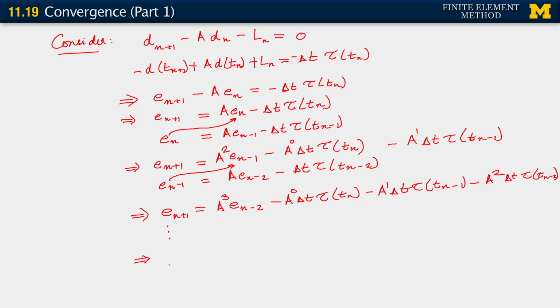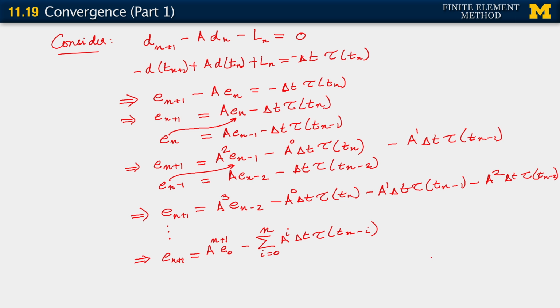When you go all the way back to the 0th step, or the initial time, we get E at n+1 equals A to the power n+1 E at 0, minus the sum, i going from 0 to n, of A to the power i delta t tau at t^{n-i}. Right? You can check that this is what the recursive formula reduces to.